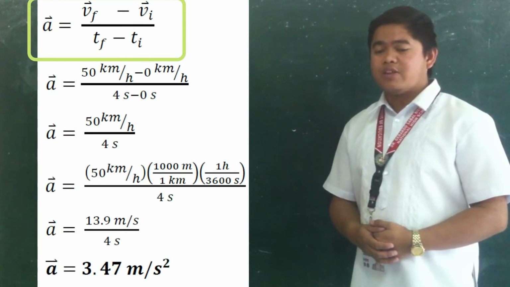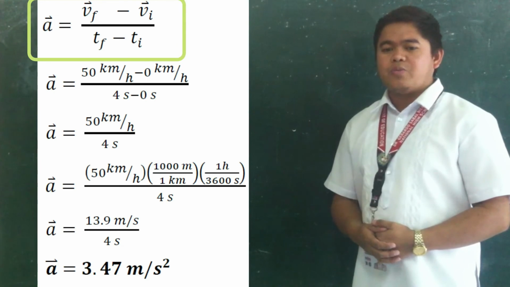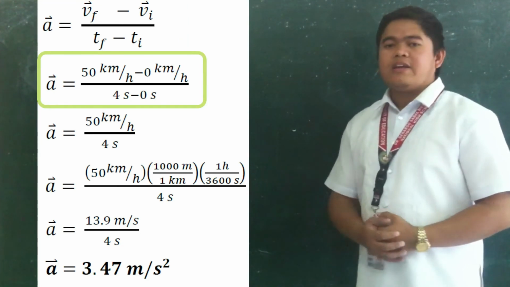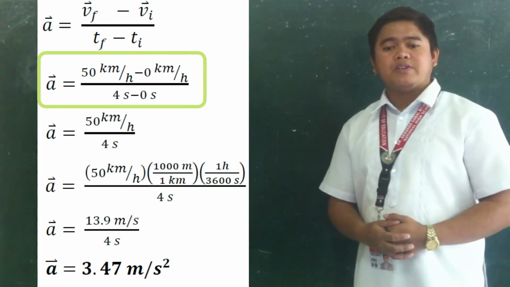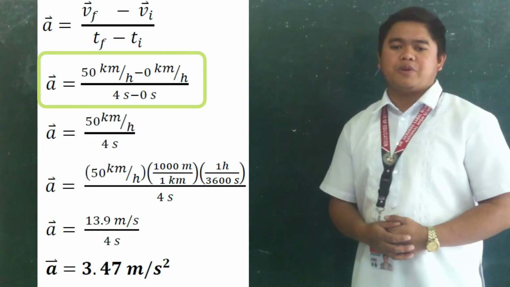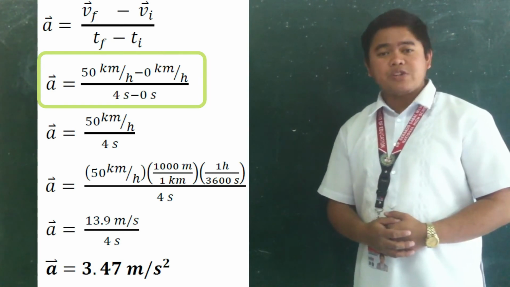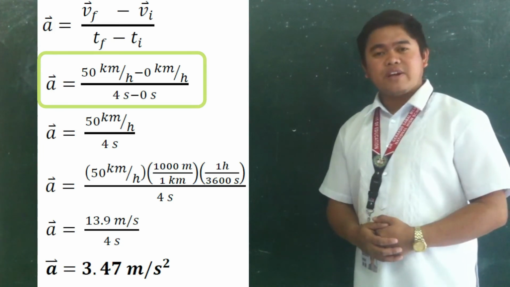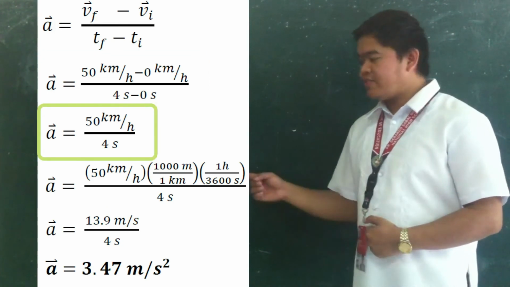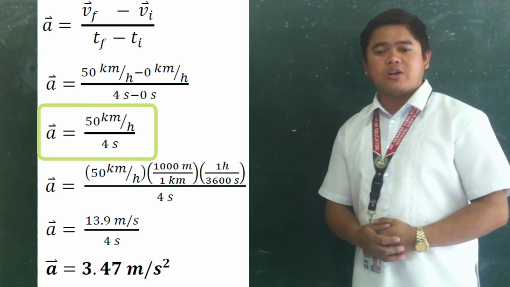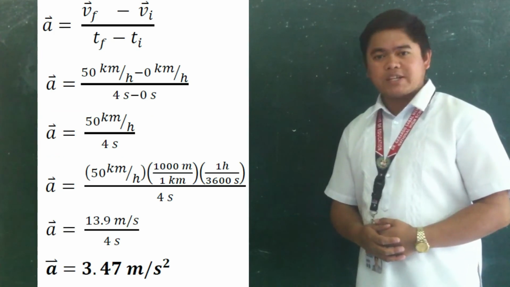Substituting the values from the given, we will get these. 50 minus 0 km per hour is equal to 50 km per hour. 4 seconds minus 0 seconds is equal to 4 seconds. Since the values cannot be divided because of different units, we will convert first 50 kilometers per hour to meters per second.